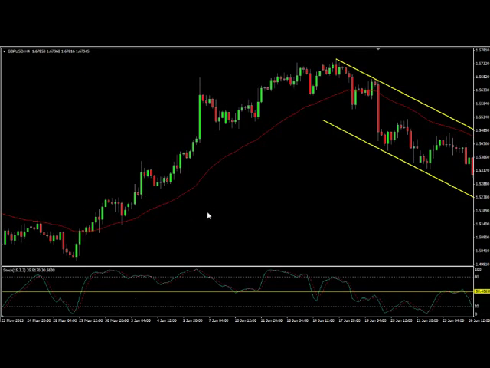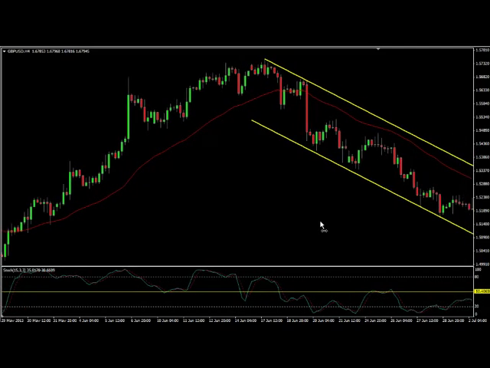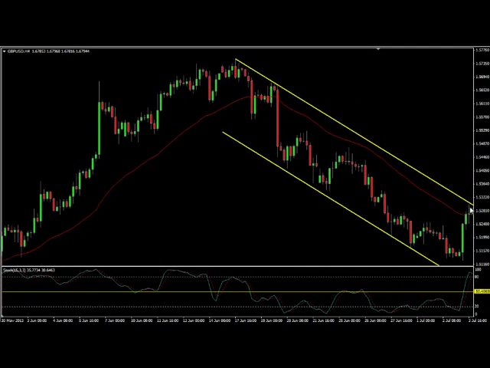So a good way to use stochastics for entry in a swing trading scenario would be when we've got our downtrend established, our price is below the 39, which is another confirming factor of our downtrend. What we're looking for is the stochastics to go above 80, which it does in this scenario.